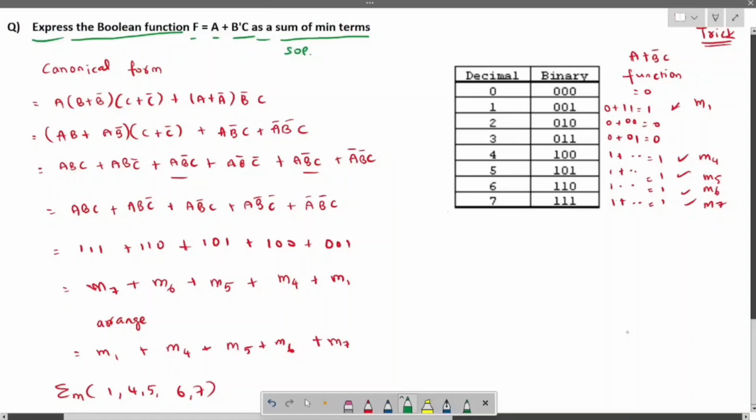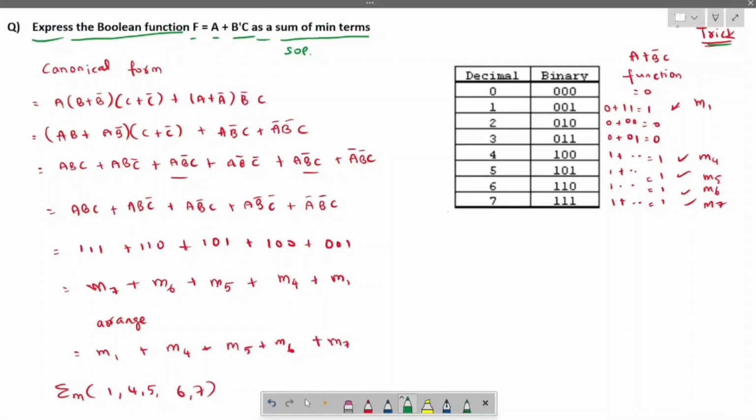In the last video I promised I would show the trick. Simply place the function here, a + b'c, and apply all the possibilities. When a is 0, 0 plus b'c with b c as 0 0 gives 1 0, so we get 0 and it is not a minterm.